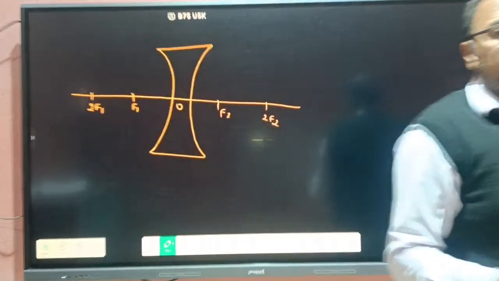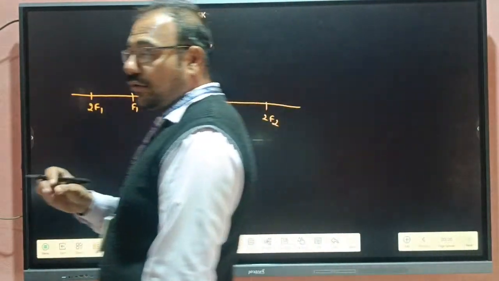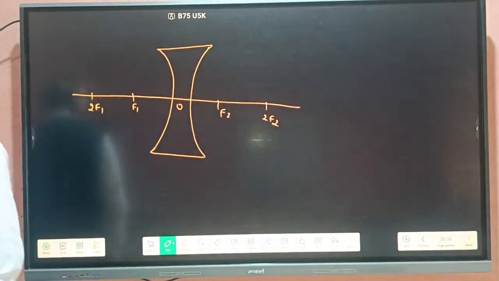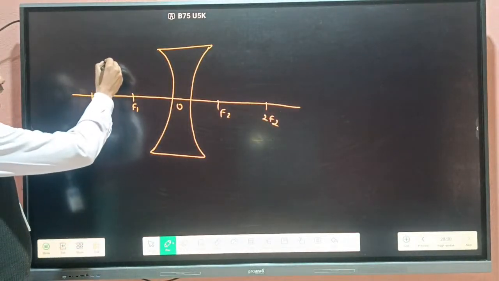Here we put the object anywhere beyond O and find out the location of the image.